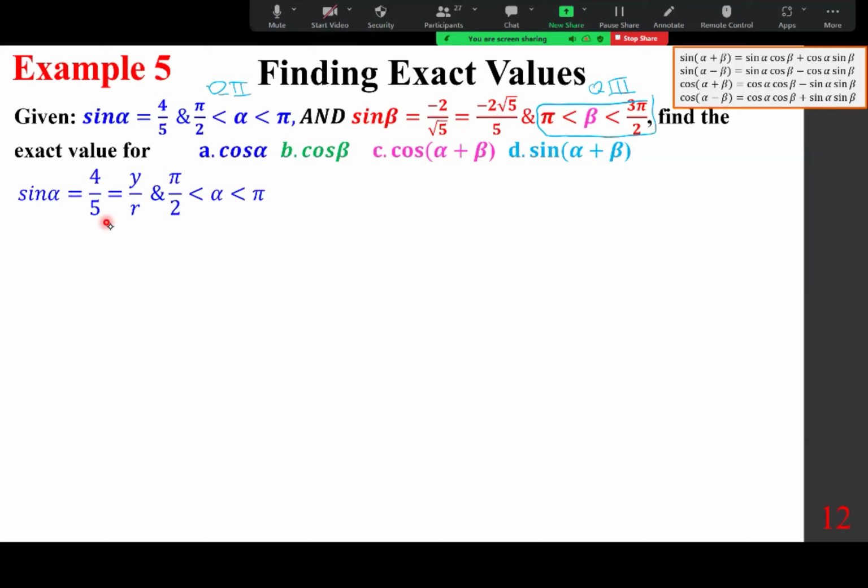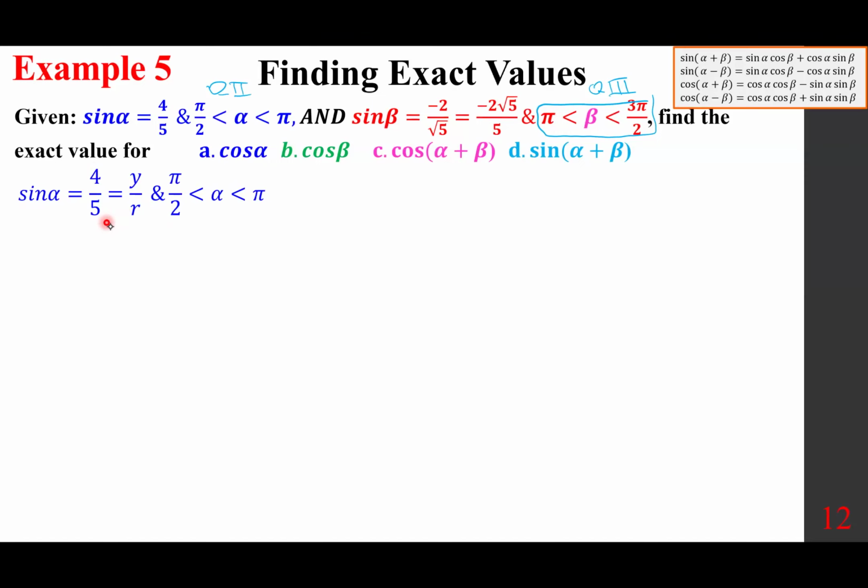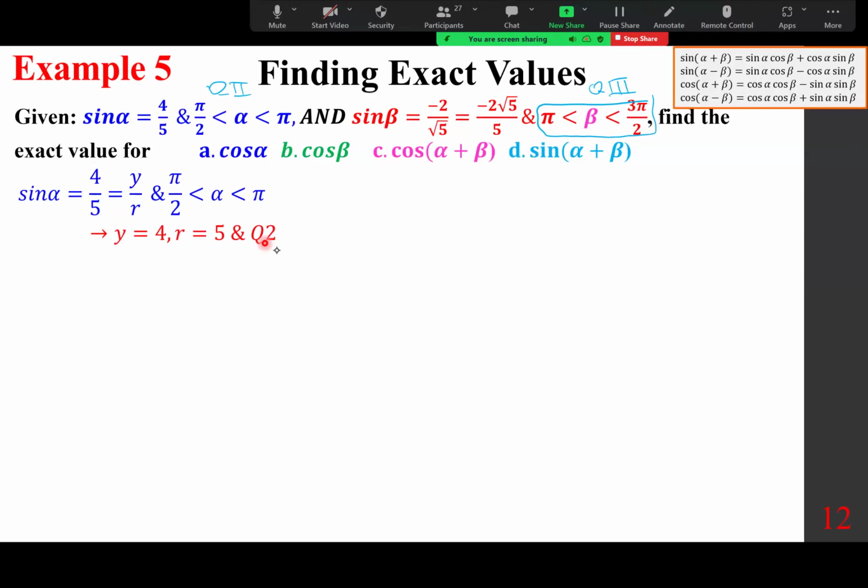And so basically we are saying that 4 squared plus something squared, that means x squared, must be 5 squared. That's what we are saying. So y is 4, r is 5, and it's in quadrant 2.